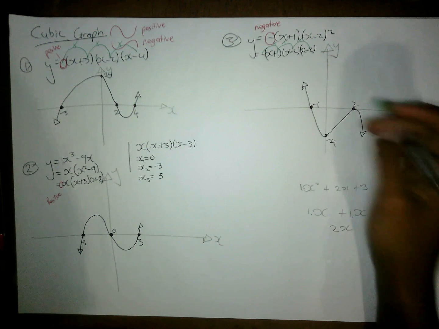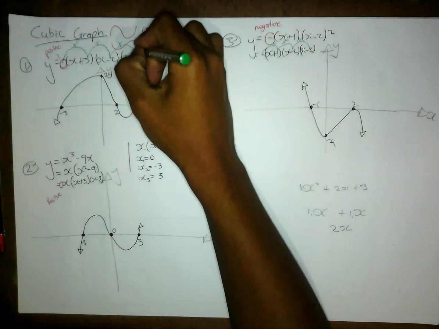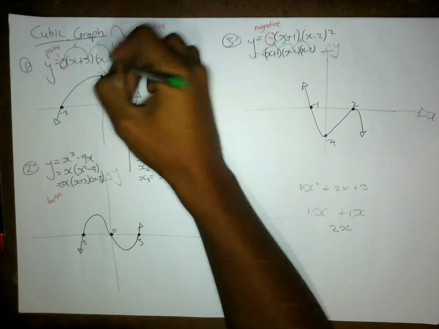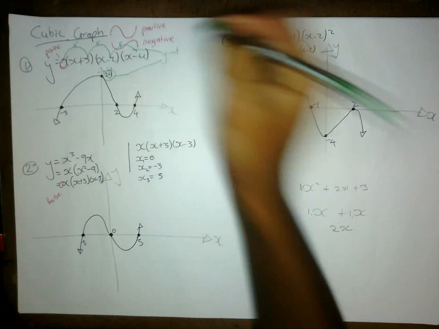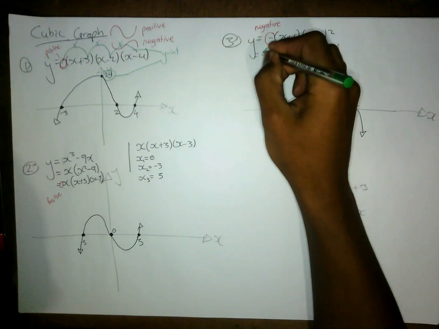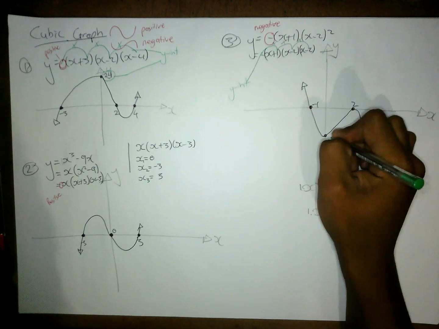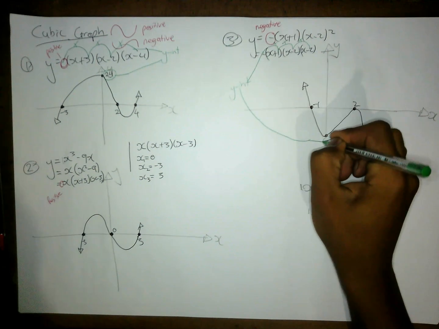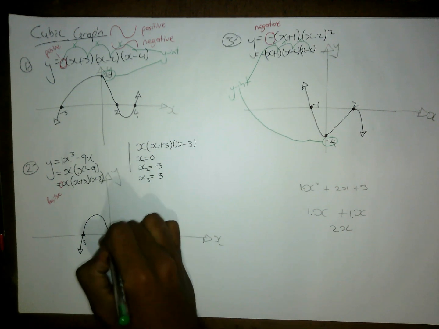Maybe I must add this. I'm gonna put here y-intercept. Circle that. Then say that is our y-intercept. This over here is our origin.